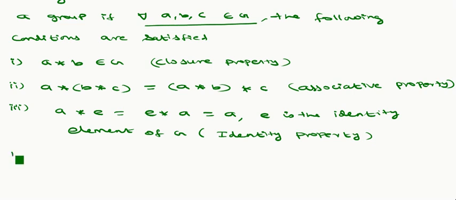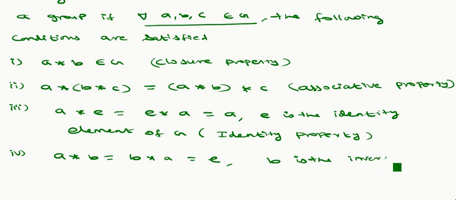And the fourth one is A star B equal to B star A equal to E. We already saw that E is the identity element of G. If this property is satisfied, then we call B the inverse of A. This property is called the inverse property.